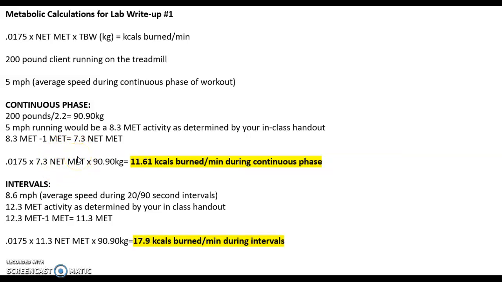So that's what I wanted you to write, that intervals cost more. It's a higher MET level, as you can show by kilocalories burned per minute, and also the MET level being higher. Intervals will indeed burn more calories per minute because you are at a higher intensity. So that was really what we were trying to get out of that portion.